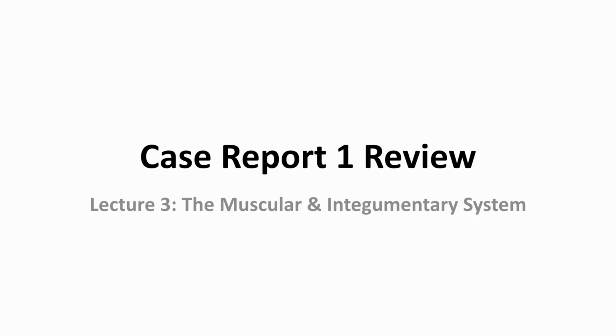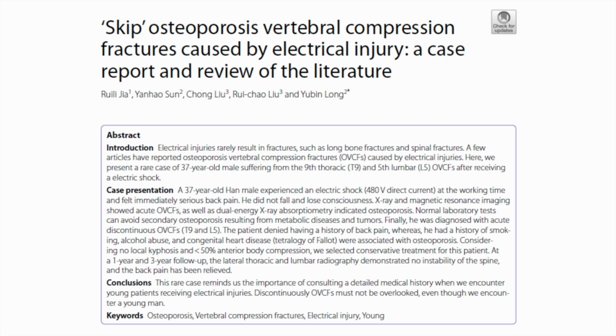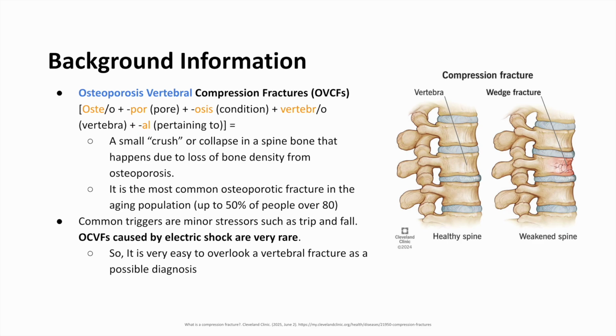So it's a small crush or collapse in a spine bone that happens due to loss of bone density from osteoporosis. So this basically means osteoporosis was already predisposing this person to some kind of fracture, because with lower bone density, it's easy to get it broken.